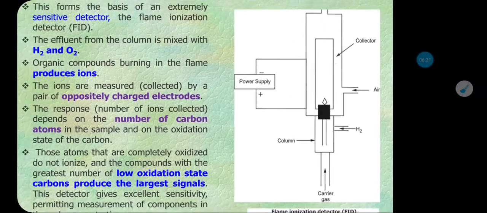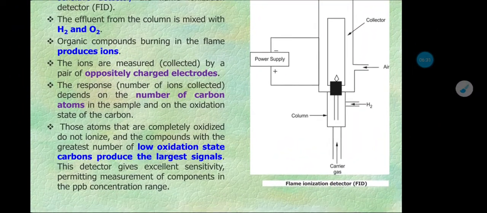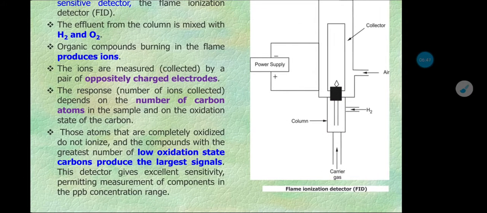The schematic representation of the FID detector is, so this is the flame. This H2 gas is used as a fuel for this purpose. The carrier gas passing from this side emerges up to the flame.